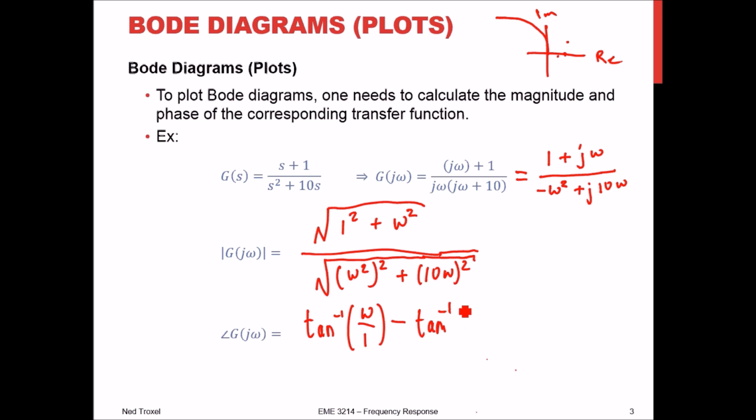But it's basically the same idea. What's the imaginary part here? It's going to be 10 omega divided by the real part, which is minus omega squared. And we'll have to make sure that that is between 90 and 180.